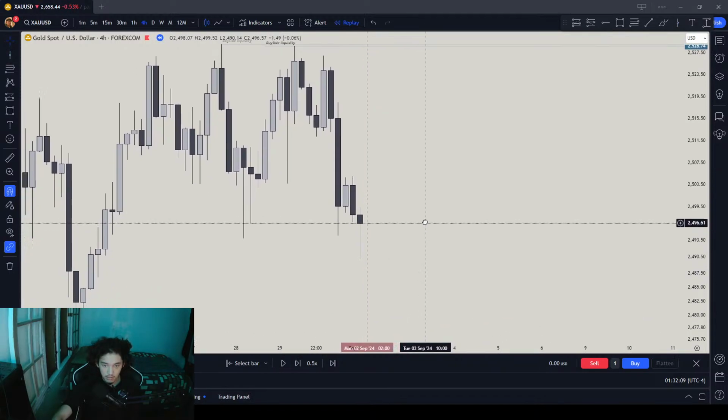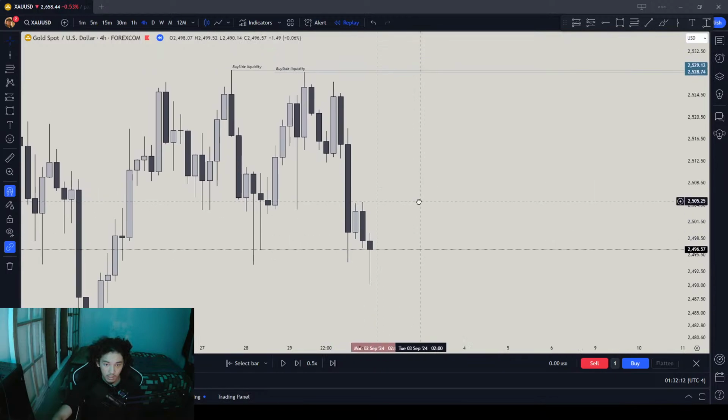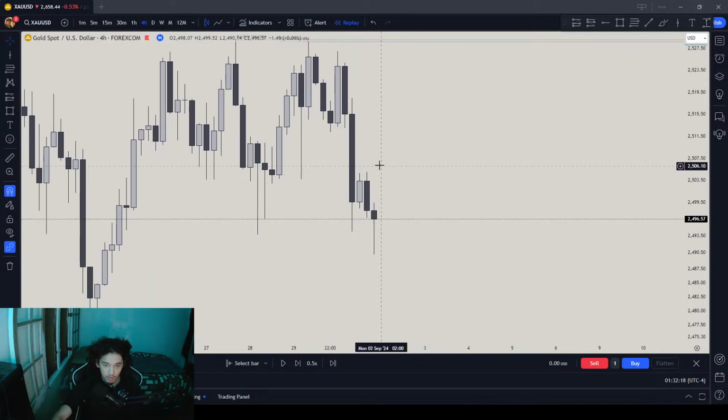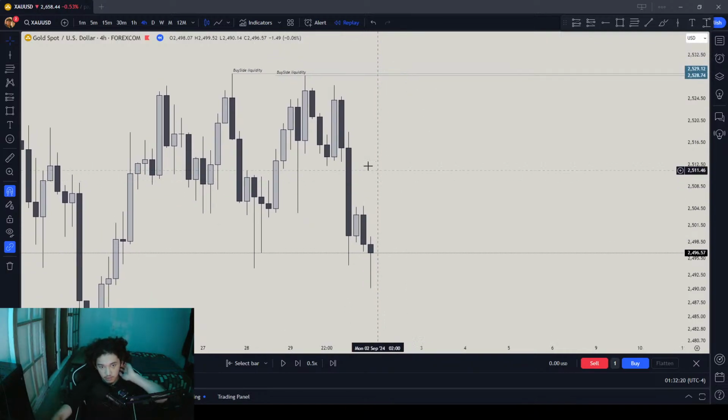Okay, so we're still in a 4-hour external. How are we not in the 4-hour external? The market pulled from the external with liquidity, so the market just took out this liquidity.